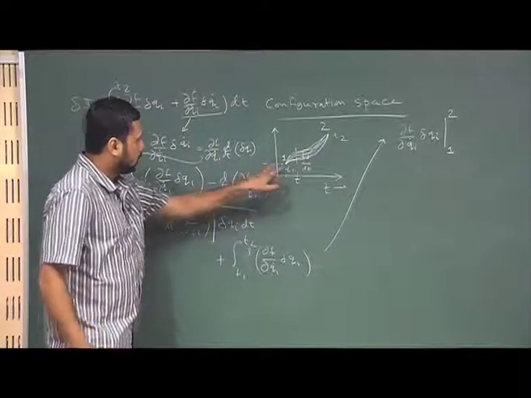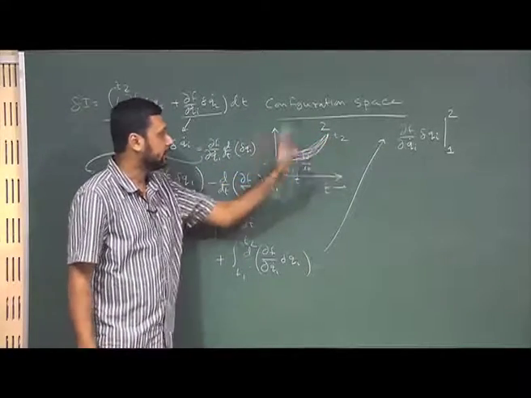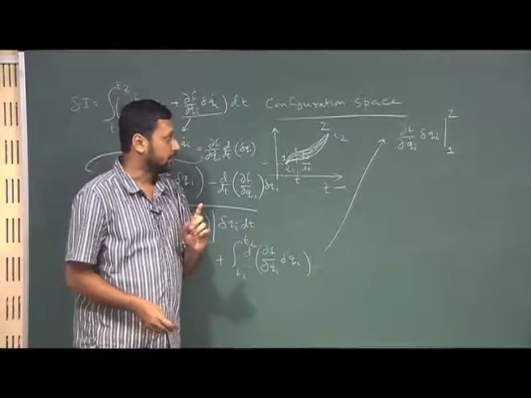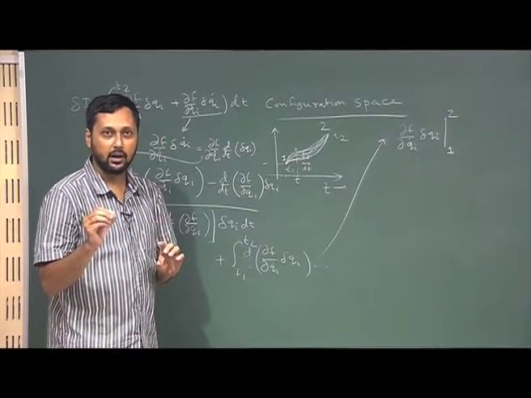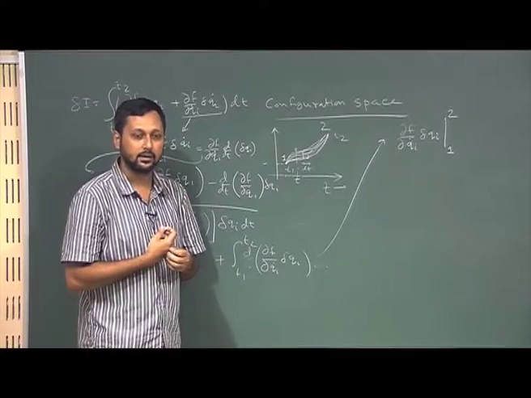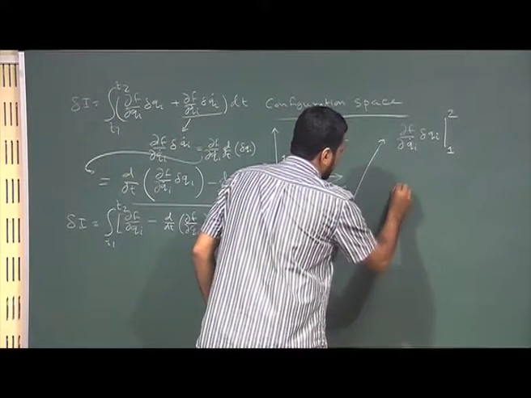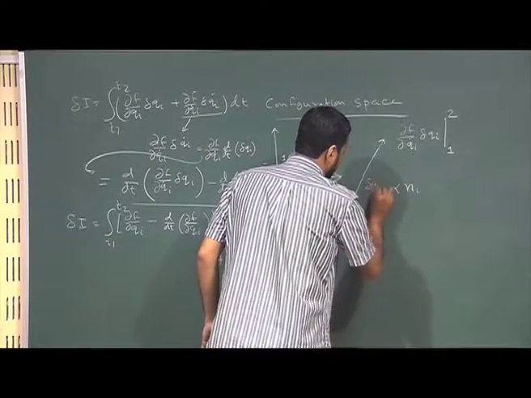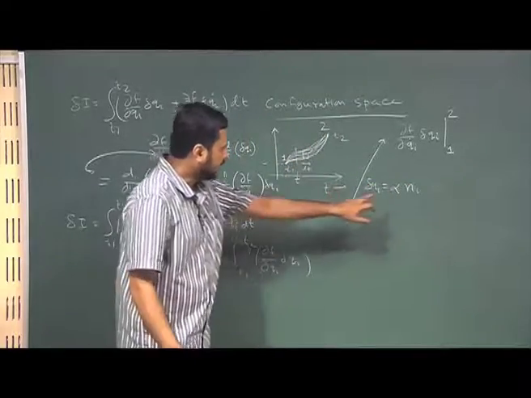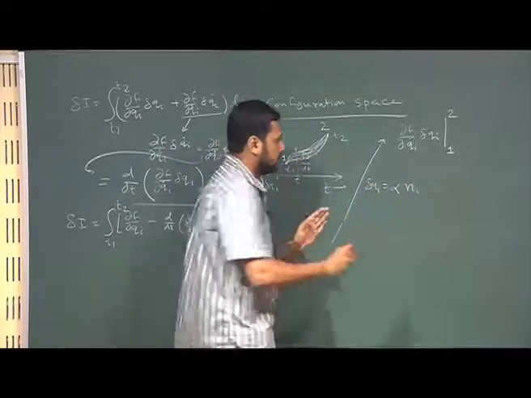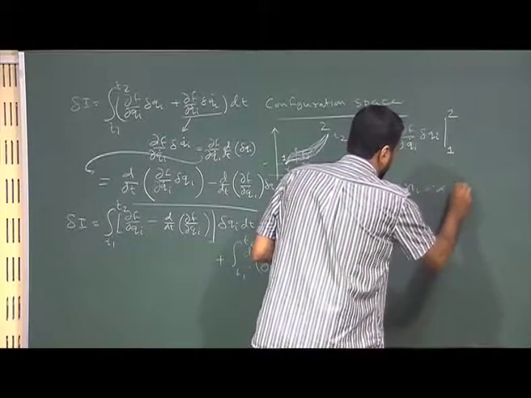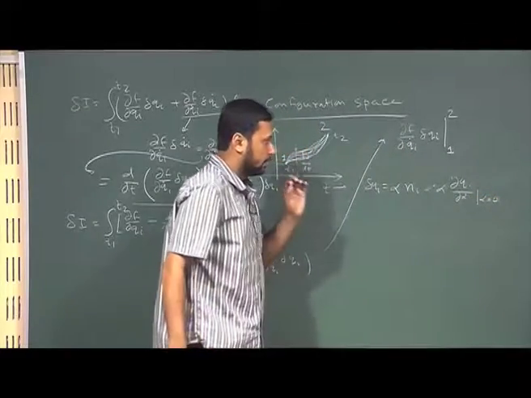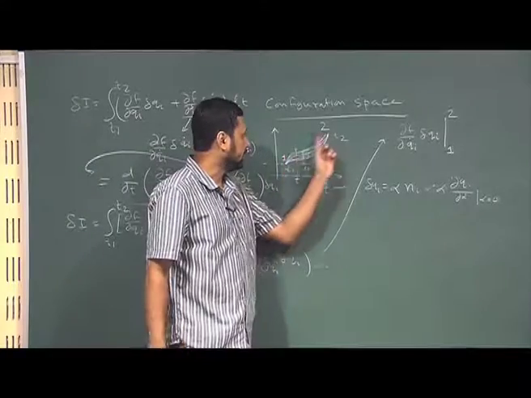Now, the first and the last points are fixed, starting and end points are fixed points. One thing I forgot to mention: this parameter alpha is equal to 0 at the, so delta of qi was equal to alpha eta i, or it was alpha del qi del alpha at alpha equal to 0. Now, there is no variation of the starting and the end points.